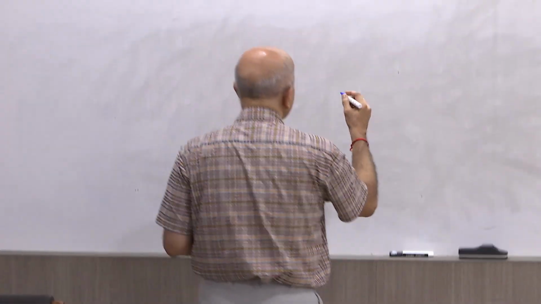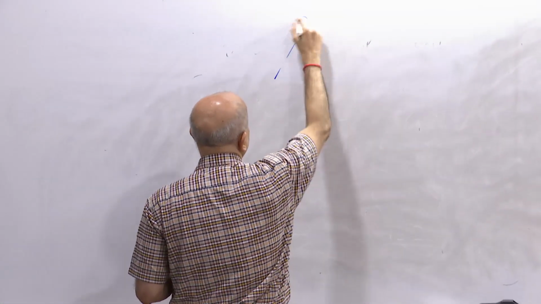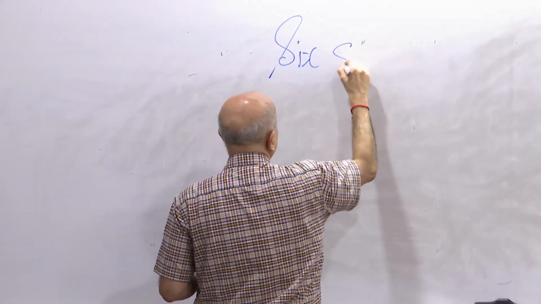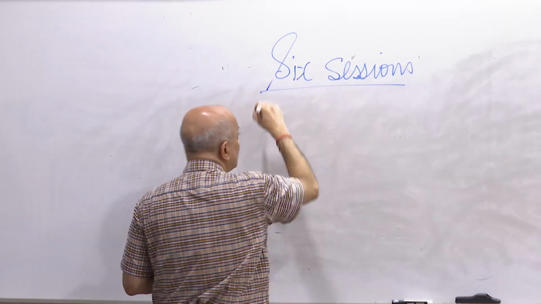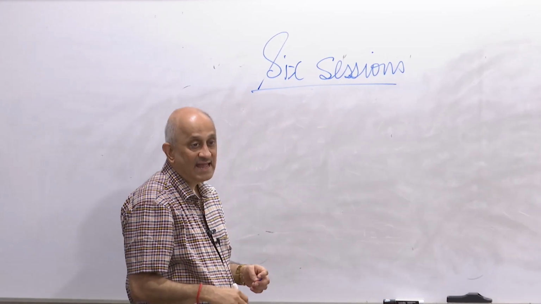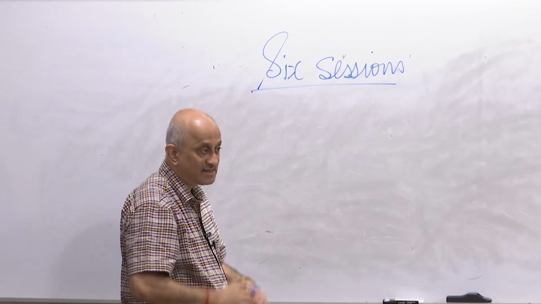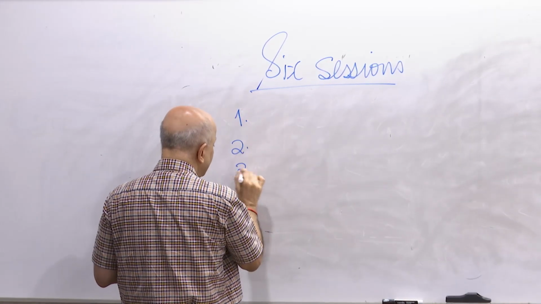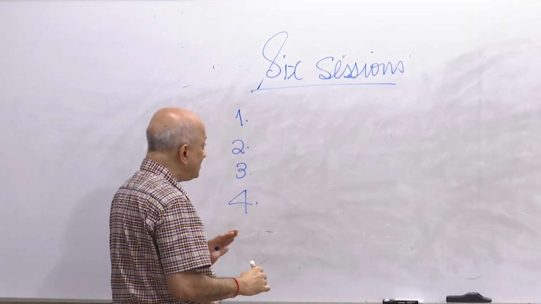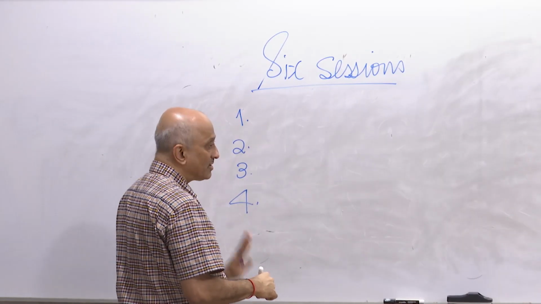Now, anyway, the assignment for you: you have 6 sessions, right? Now, the teaching associates will discuss amongst you and between themselves, and you will take the 6 sessions as follows. The ordering, you can decide. Anyway, these 4 have to be ordered this way.